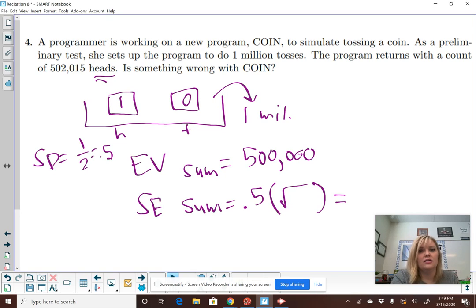And then looking at that, say your SE sum is 1,000.